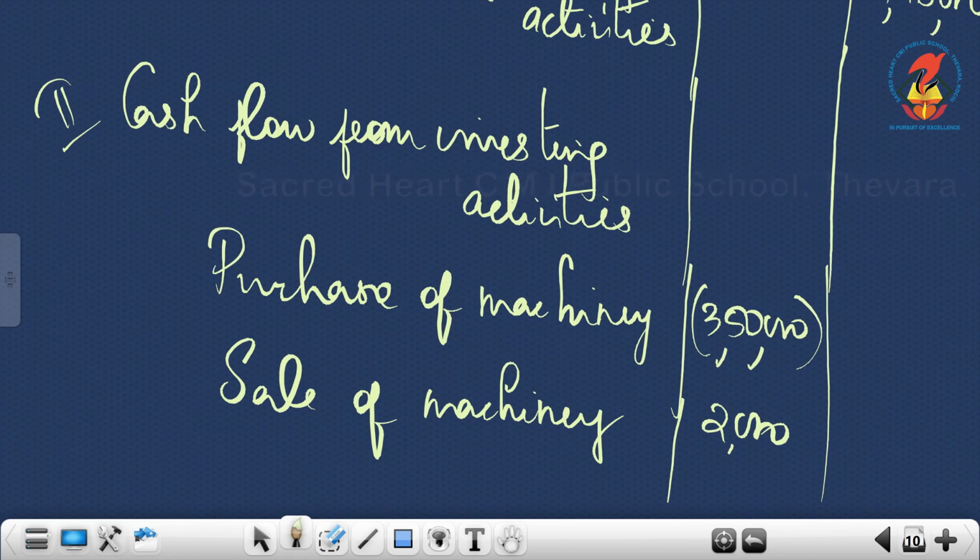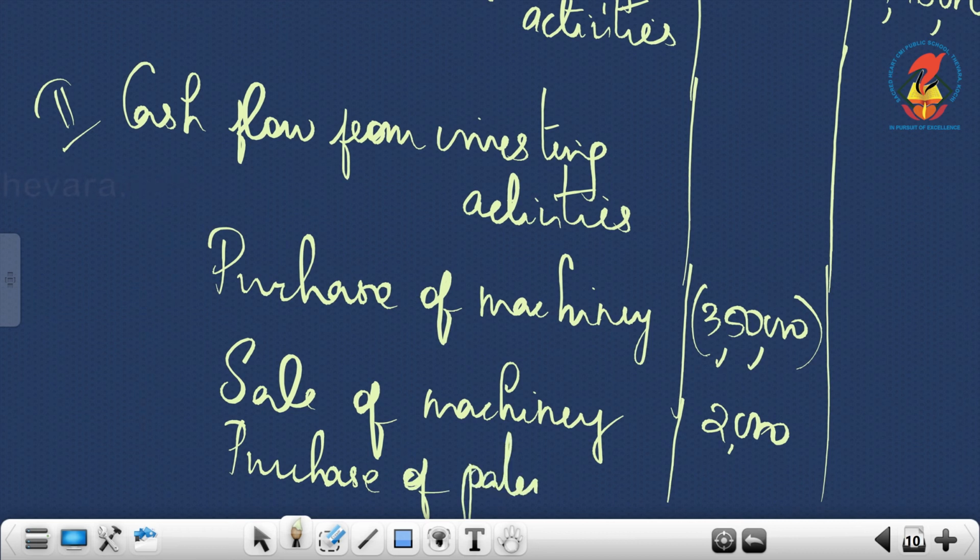Then you have to see there is one more item, there is intangible assets given. Intangible assets, refer the working note. Last year 30, this year 50, that means increase or purchase. So it is purchase of patents 20,000, which is positive.